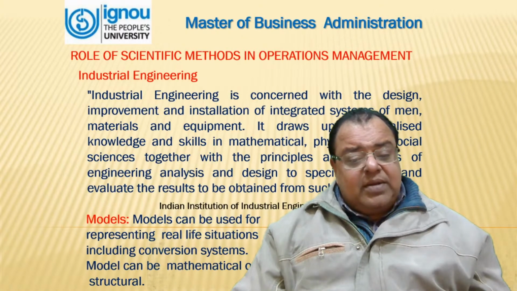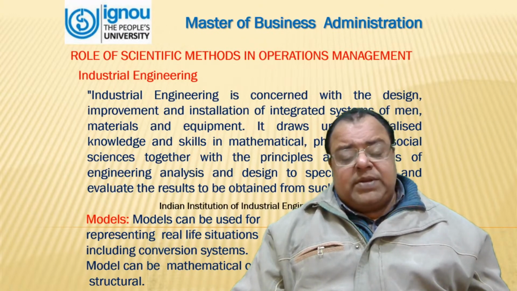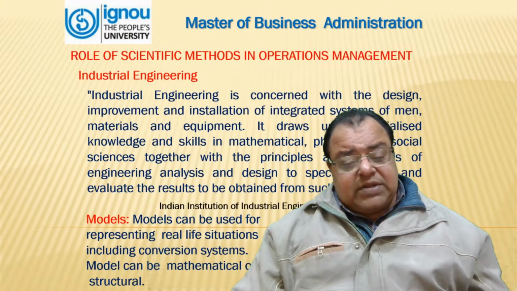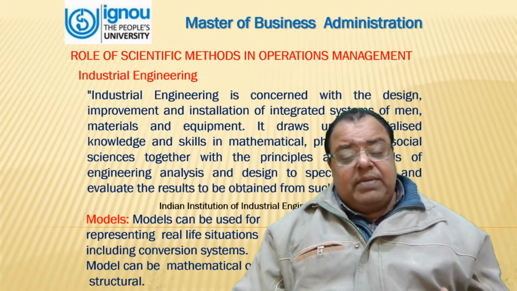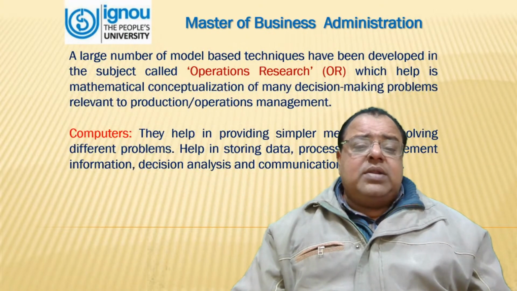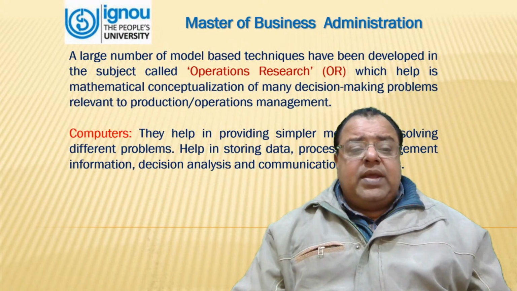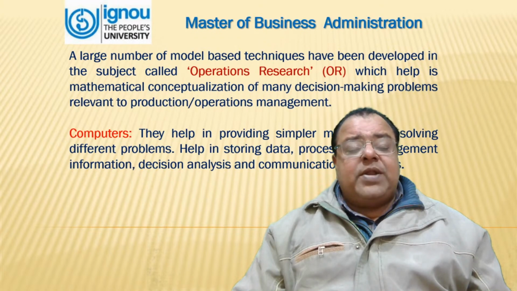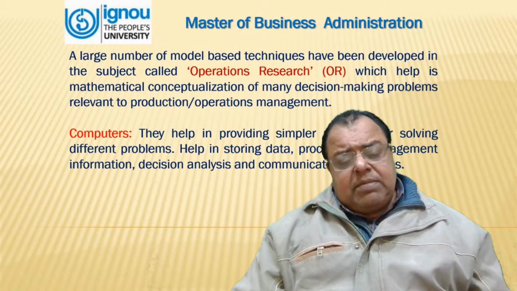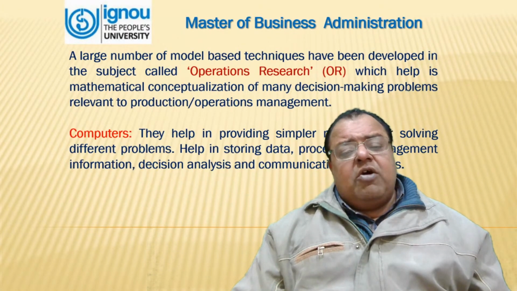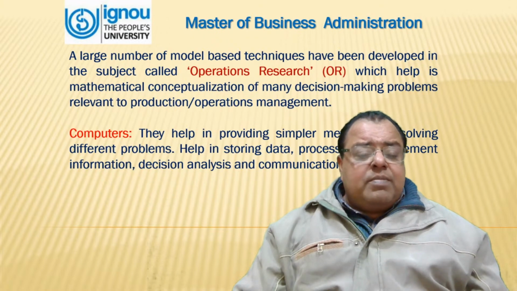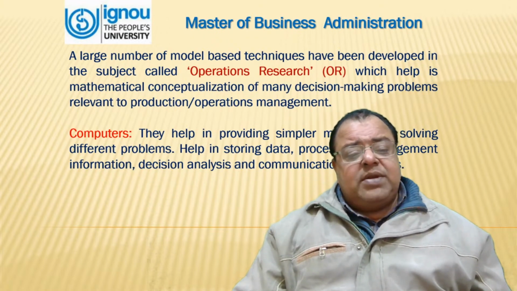What is a model? A model can be used for representing real life situations, including convergent systems. A model can be mathematical or structural. A large number of model-based techniques have been developed in the subject called operations research, that is OR, which helps in mathematical conceptualization of many decision-making problems relevant to production and operations management.